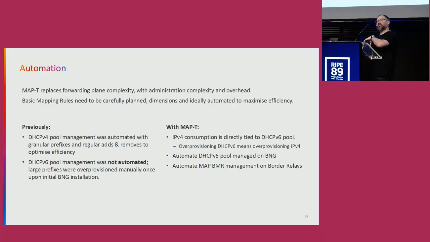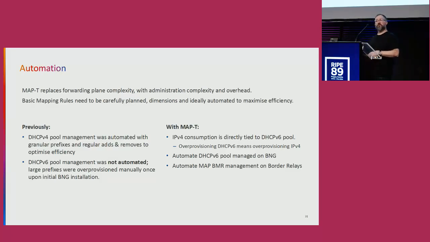I mentioned that the complexity has been moved from the forwarding plane before to the administrative plane, and the complications of that. Now your IPv4 consumption is directly tied to the IPv6 consumption, your DHCPv6 pools. Previously, we had automation for our DHCPv4 pool management. We had really granular DHCPv4 pools to get the most efficiency out of them, and that required a lot of automation to shuffle things around all the time.